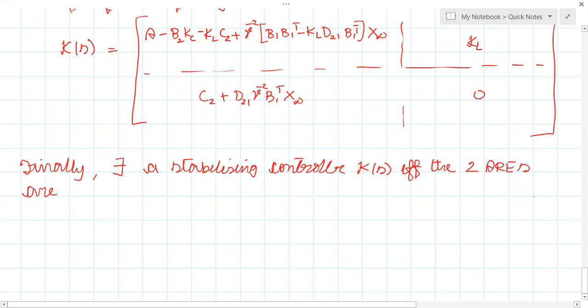Because unless you can solve ARE, you cannot get the solution X infinity and Y infinity. Without which the controller gain and estimator gain cannot be computed. So they should be solvable. They are solvable, and the following condition is satisfied.